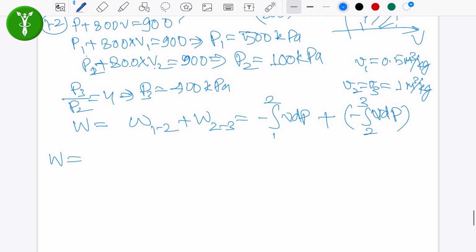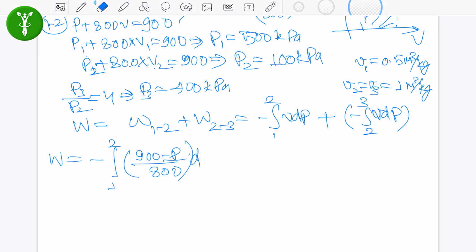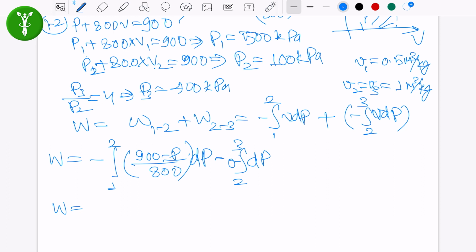Okay, so we will use V here as 900 minus P divided by 800, right? So you should know integration. This will be equal to, plus and minus will make minus. For 2 to 3, V here is constant. It is not a function of pressure, so we can directly take it out of the integration and use dP here, right?